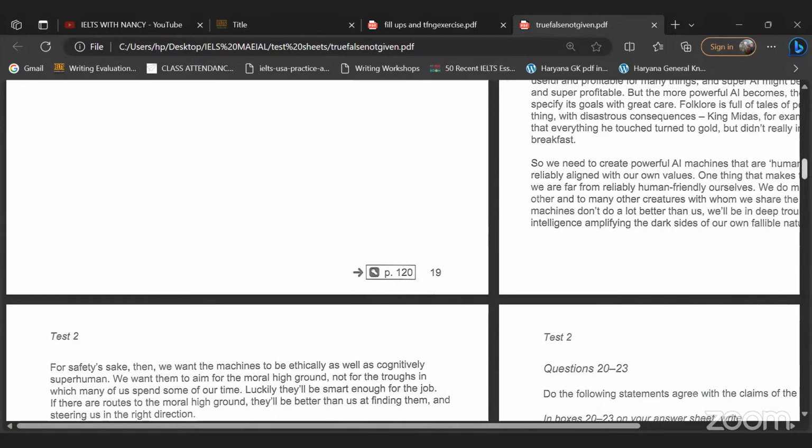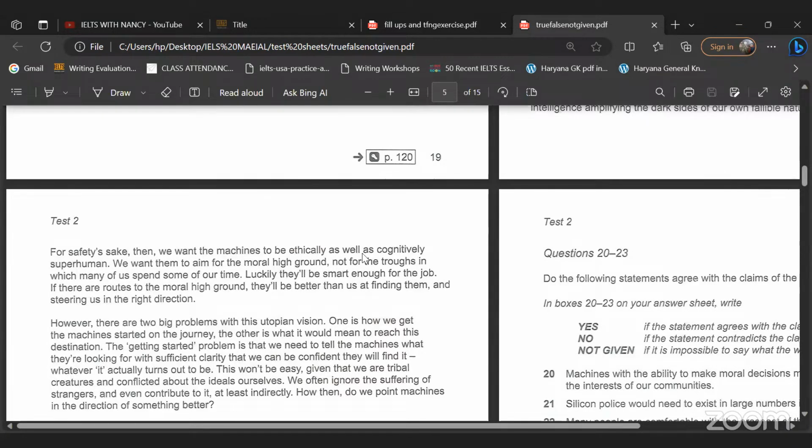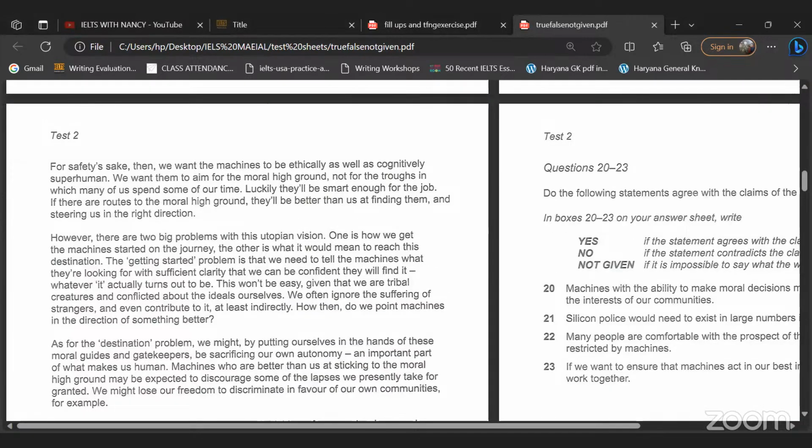For safety's sake, then, we want the machines to be ethically as well as cognitively superhuman. We want them to aim for the moral high ground, not for the troughs in which many of us spend our time. Luckily, they will be smart enough for the job. If there are routes to the moral high ground, they will be better than us at finding them and steering us in the right direction.